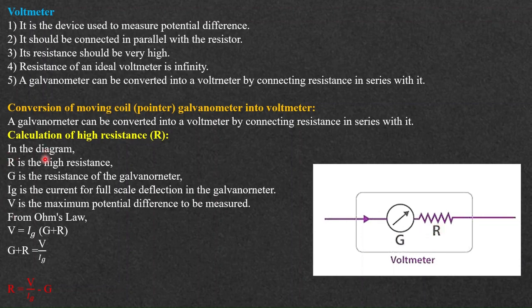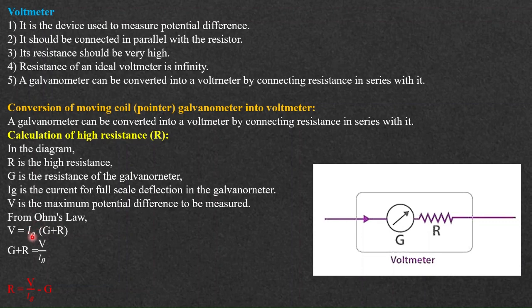Now in the circuit diagram, R is the high resistance, G is the resistance of the galvanometer, Ig is the current for a full scale deflection in the galvanometer, and V is the maximum potential difference to be measured. From Ohm's law, we have V equals I into R. What is the total resistance we have? That is G plus R. So instead of just R, we write G plus R as the total resistance.